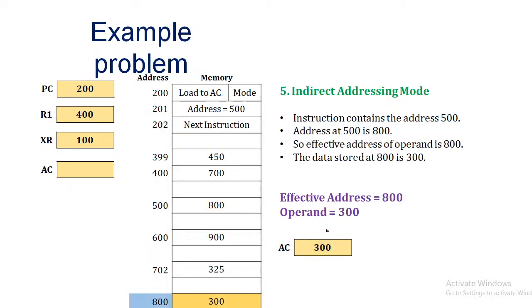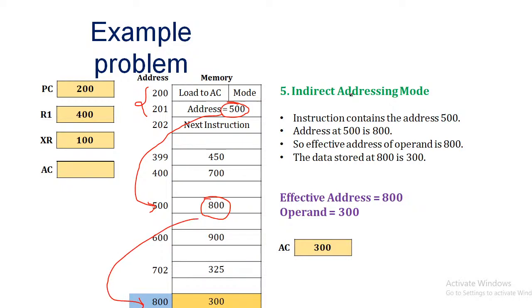Now come to the next one, indirect addressing. In case of indirect addressing, the 500 address value is not actually keeping the operand. The 500 address value is keeping another address value, 800, that is actually keeping the operand.